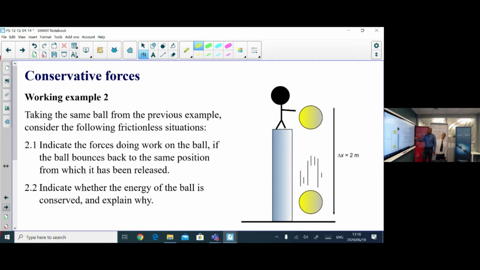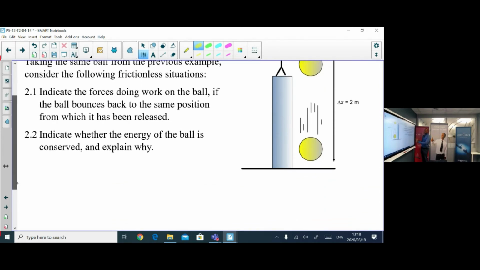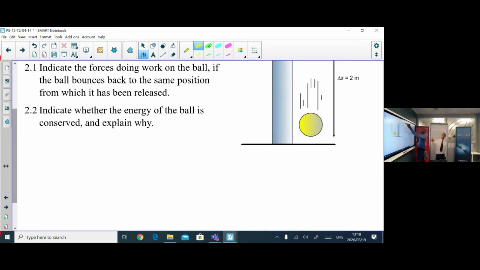That is the same force, the gravitational force, that is going to act on that particular ball, and then down there, it will just go back. If you can look, the moment it went back to the same position where it started, of course, the energy has been conserved.